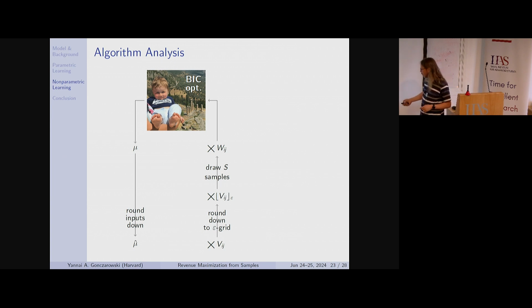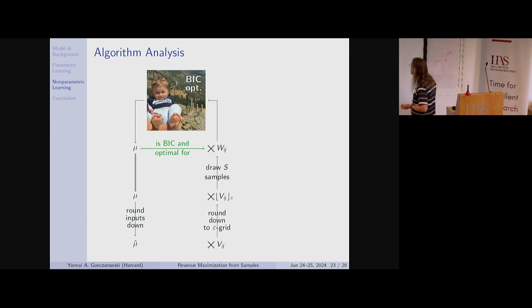There's the original distribution that we don't know. There is the rounded-down-to-epsilon version of that distribution, and I'm going to think of ourselves as drawing the samples from this distribution. This is the same whether you round before or after you draw the sample. This is going to make the analysis easier. And this mu here, I also copied to here just because it will make the arrows look nicer on this slide.